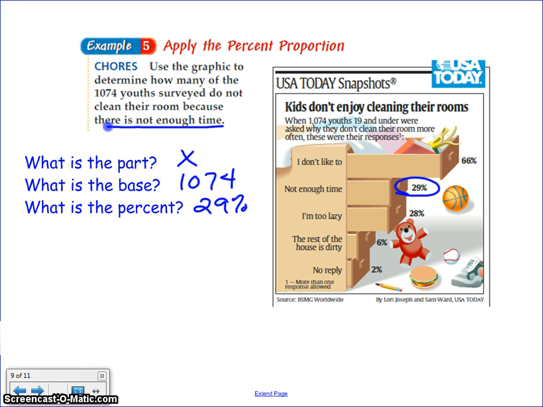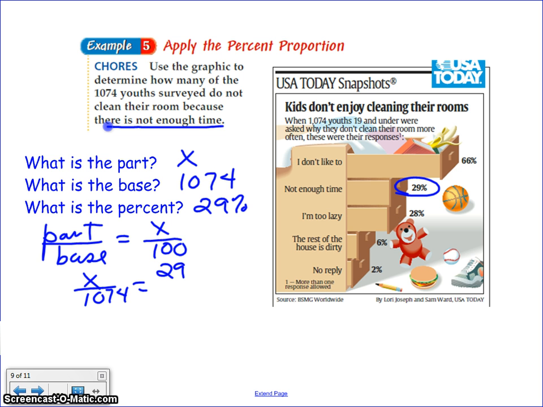1074. Okay, we have a part over a base equal to a percent, or x over 100, right? So our part we don't know, our base we do know, it's 1074. Our percent we do know, it's 29%, or 29 over 100.